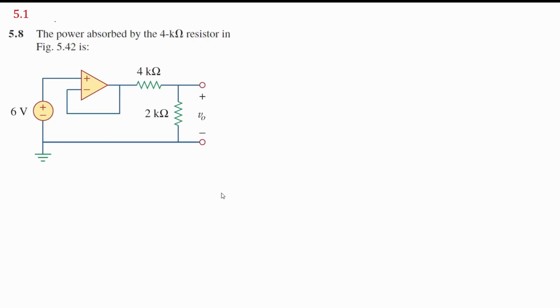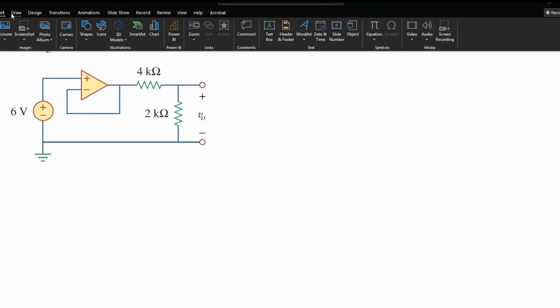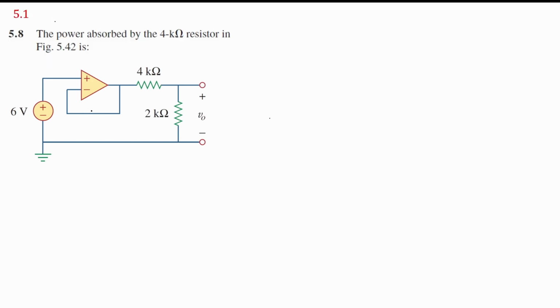Okay, for the third and last problem, we will be solving the problem from section 5.1, problem 5.8 from the Sadiku book. So, in this problem, we have an op-amp that has a feedback loop.